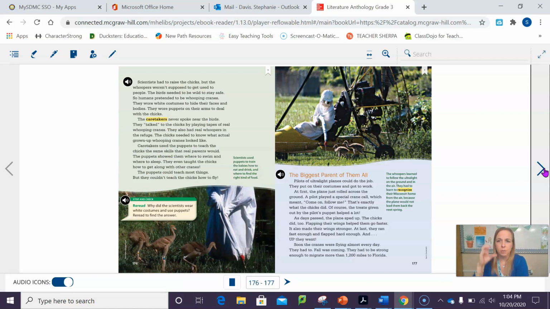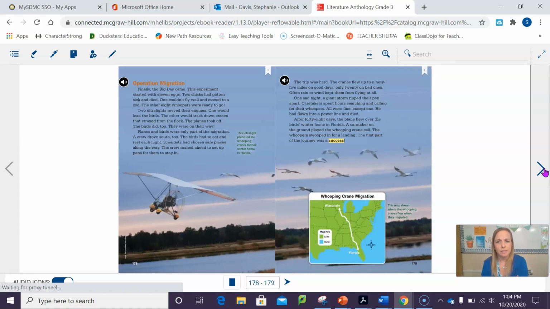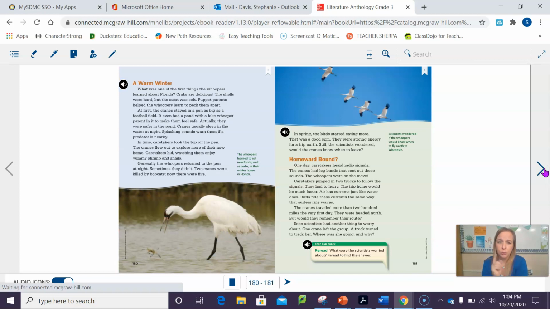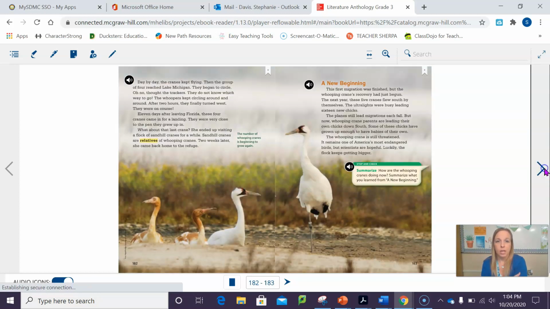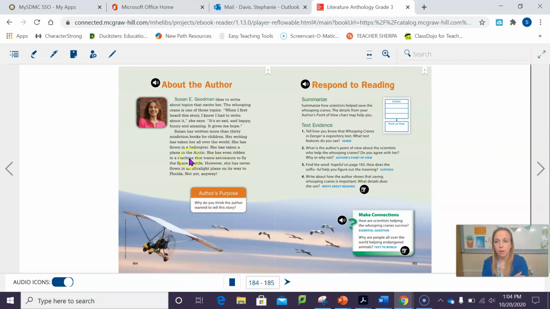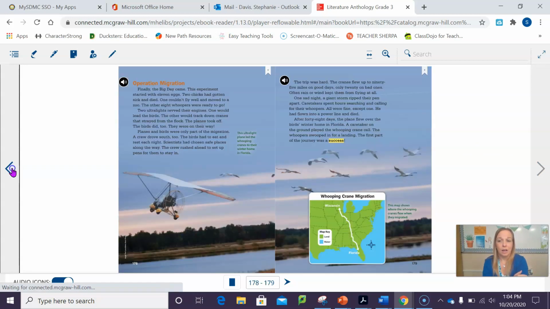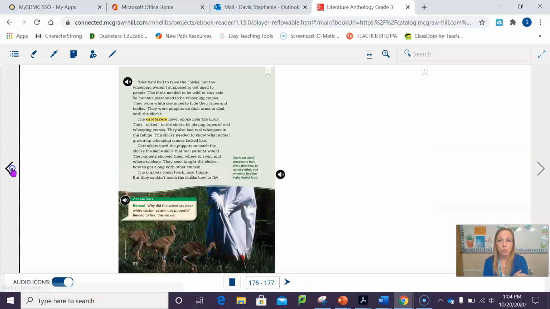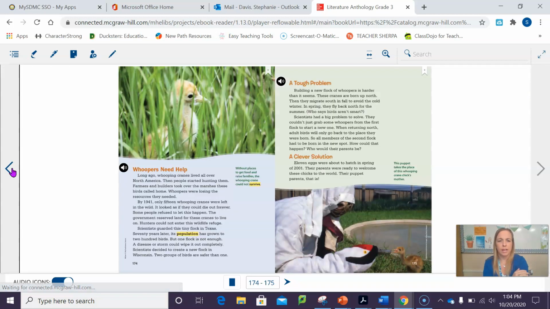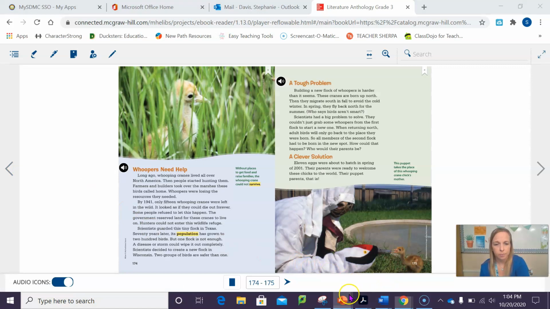Take your time. Remember, we're taking it page by page, break by break, to help identify key important details. Tomorrow, we are going to read this again because good readers reread text to really understand the text. So take your time, break it apart page by page, and again, identify those key important details to help you understand how the author is thinking.